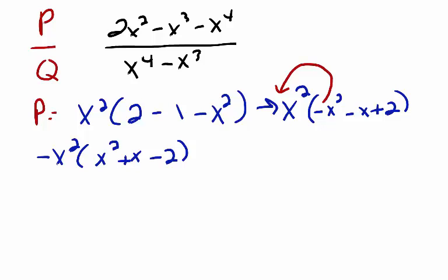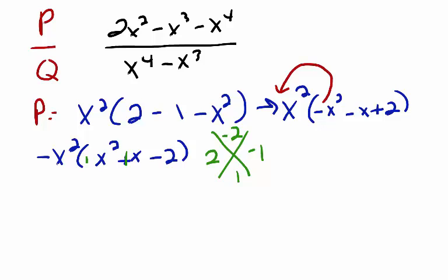Now I'll factor the trinomial. To do this, I can use the AC method if I want, where a times c is 1 times negative 2. I'm looking for factors of negative 2 that add up to 1, which is our coefficient of our middle term. Well, factors of negative 2 that will add up to 1 are 2 and negative 1.